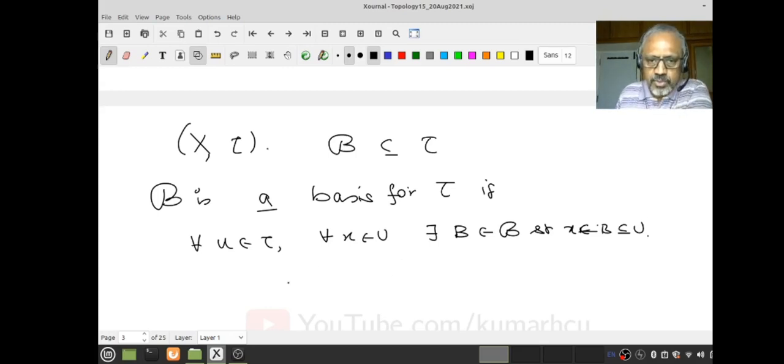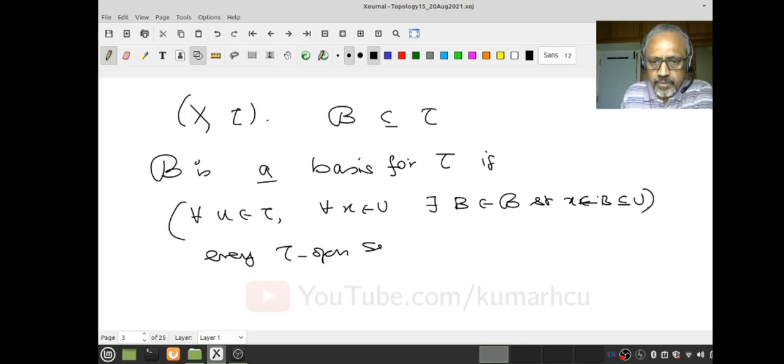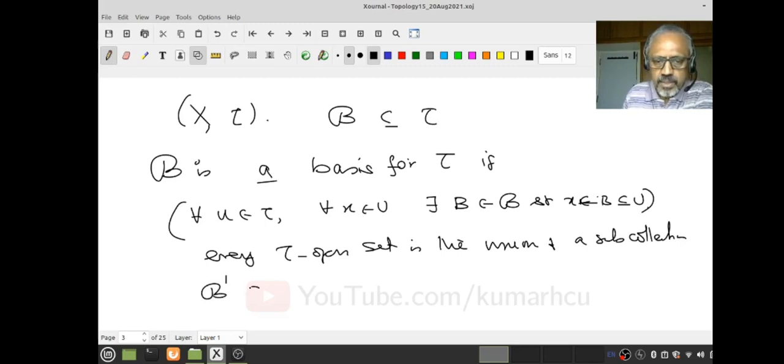So one usually says, and this lets us focus, the standard way of writing is: every tau-open set is the union of a sub-collection B' of B. You start with a sub-collection and then you say U equals the union of B, for B in the sub-collection.